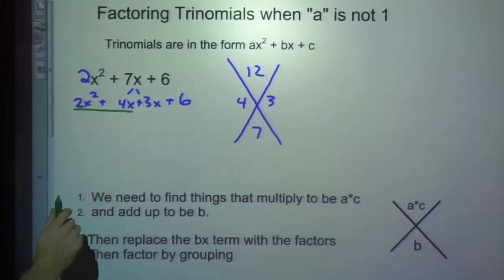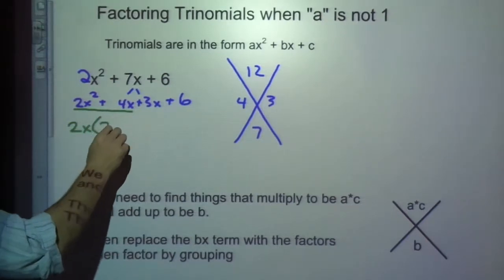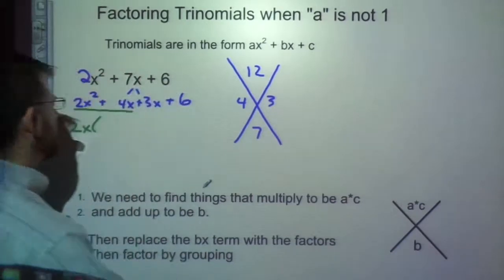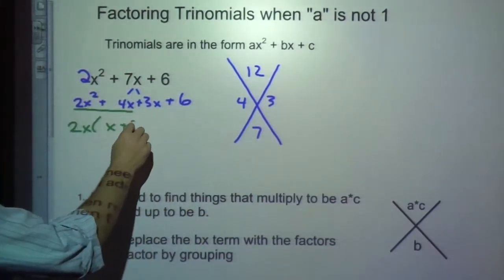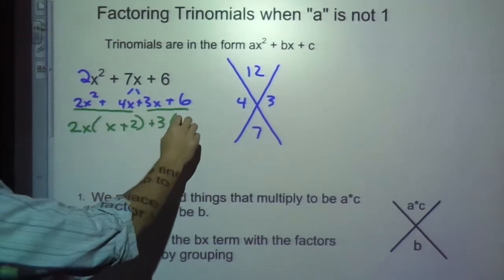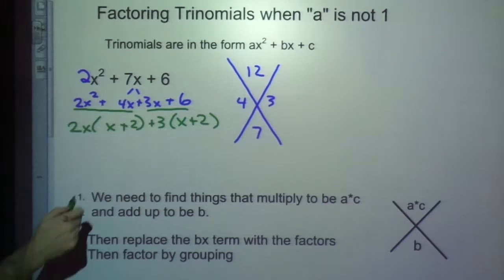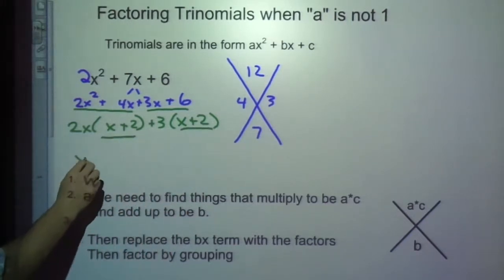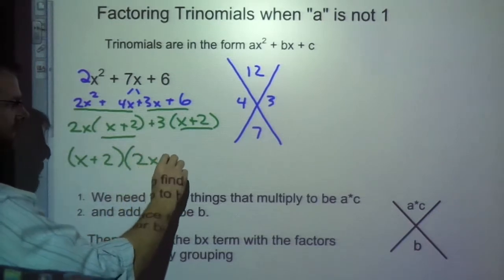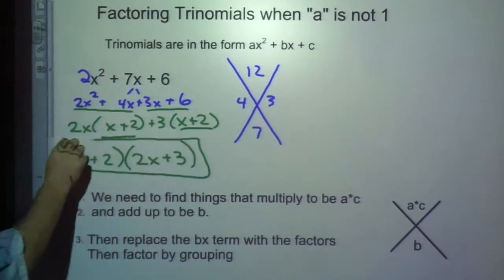So I'll group these two together and find the greatest common factor, which is 2x, leaving x plus 2. And then here, the greatest common factor is 3, and that leaves x plus 2. So now we've got x plus 2, x plus 2. We pull that out front, and that leaves 2x plus 3. Okay, here is my answer, and this will work.